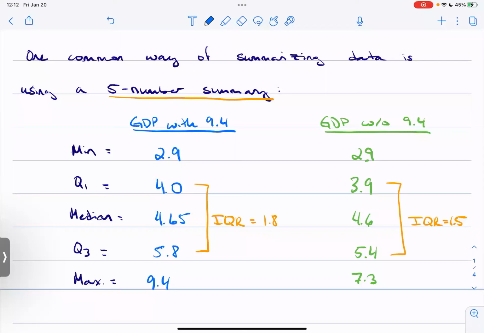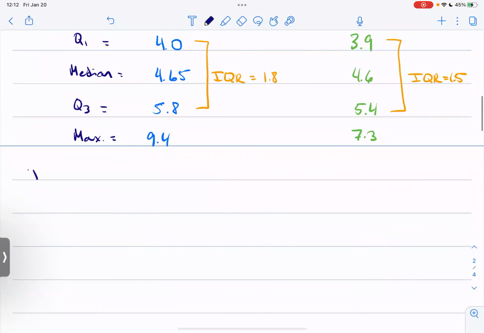And so to visualize this 5-number summary, what we use is called the box plot. To visualize, maybe I should say a 5-number summary, because we have 2 of them.